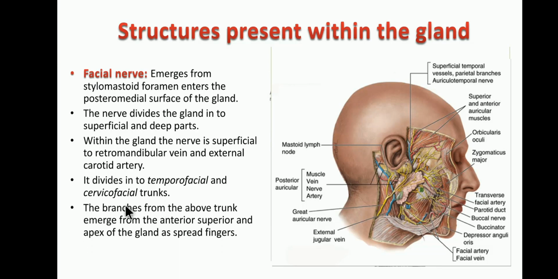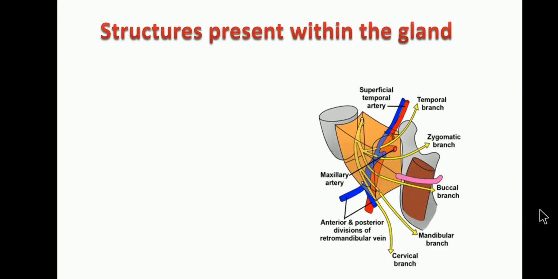Now from the temporofacial trunk you have the temporal branch and the zygomatic branch. From the cervicofacial trunk you have the buccal branch, marginal mandibular branch, and then the cervical branch. So these are the 5 branches which emerge from the parotid gland through the posteromedial surface: temporal, zygomatic, buccal, mandibular, and cervical.